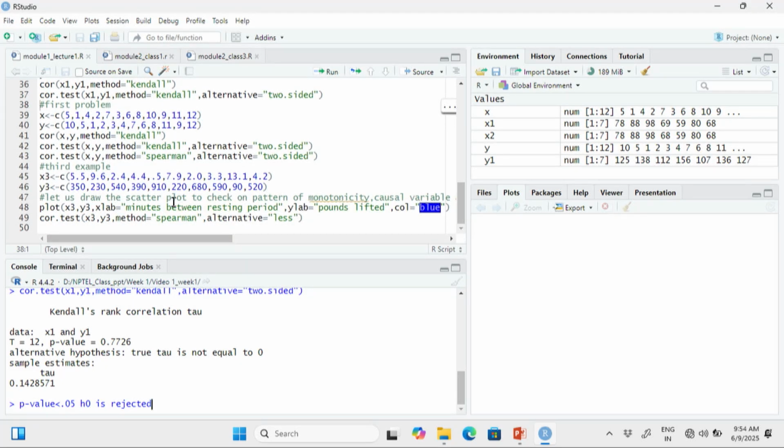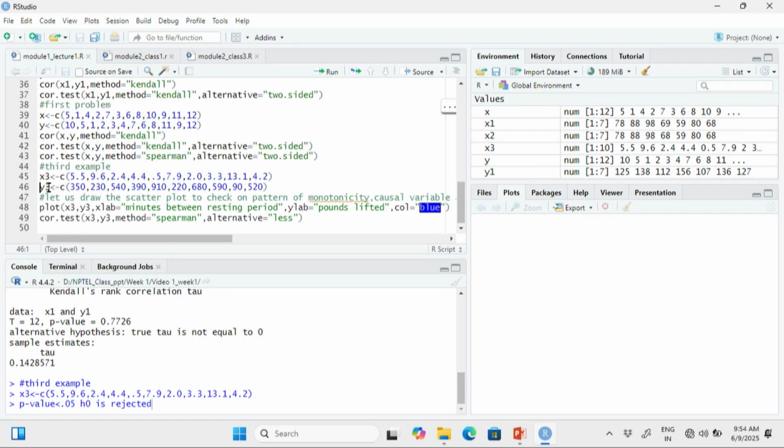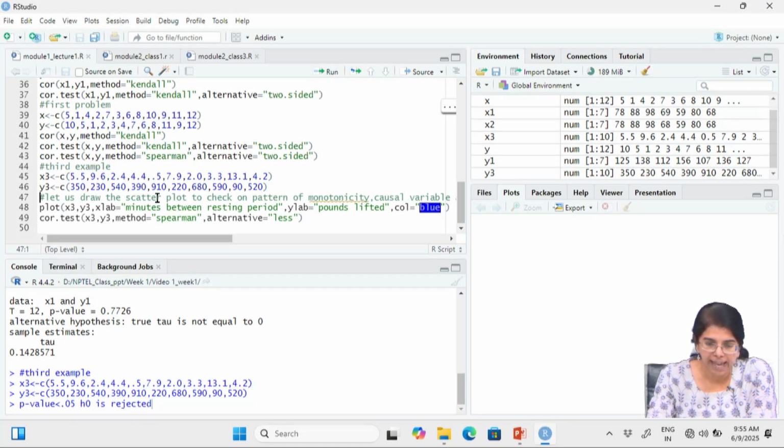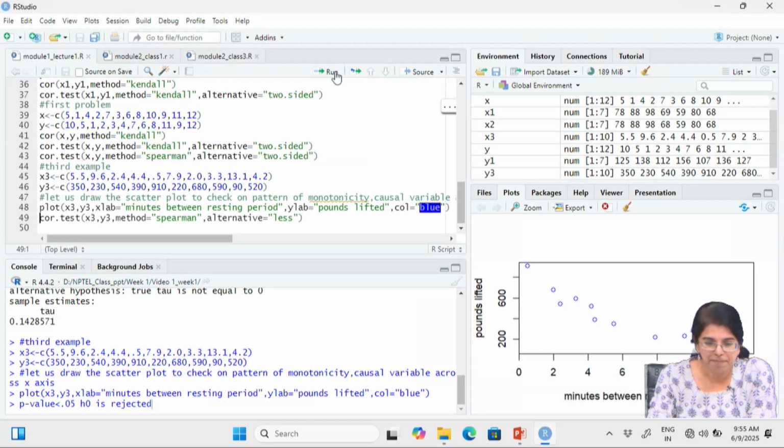Just to incite your interest, let me do one quick trick. These are the two variables x3 and y3 corresponding to the third problem, and by graphical interpretation also one can have some idea whether they are really sharing any association, right? So, let me run this.